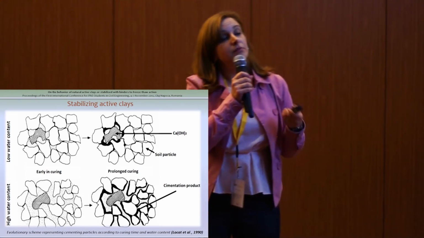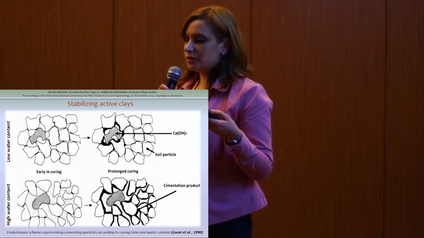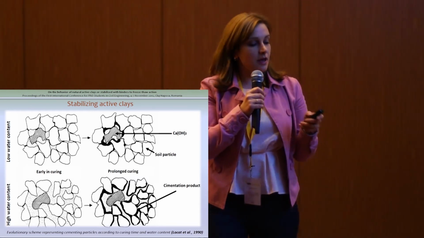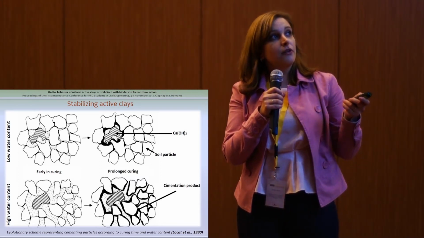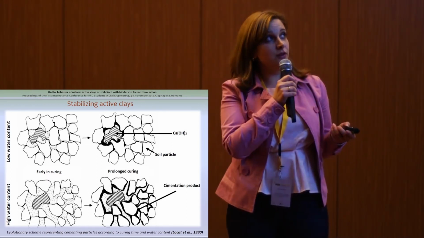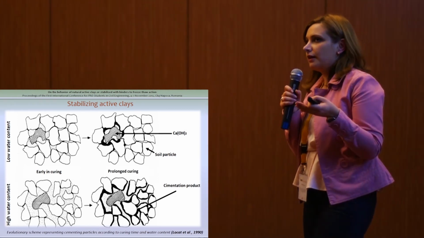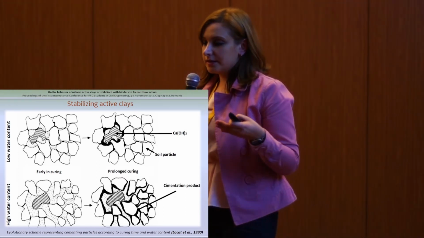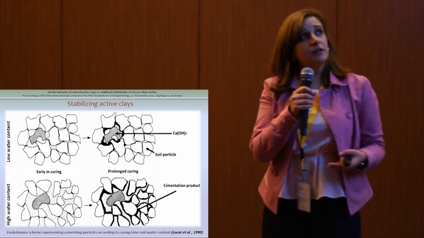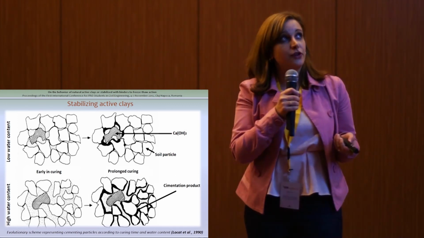This is the mechanism of cementation. We are stabilizing the soil in order to obtain new products, cementation products, and these cementation products created at the border of the particles are really influenced by the water content of the soil and of course the curing time of the material, because, you know, such as in the case of concrete, this material needs time to achieve bigger strengths.